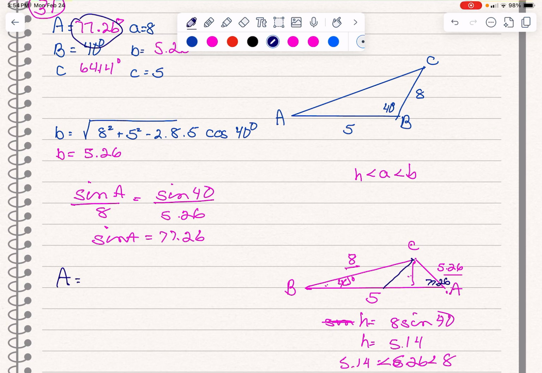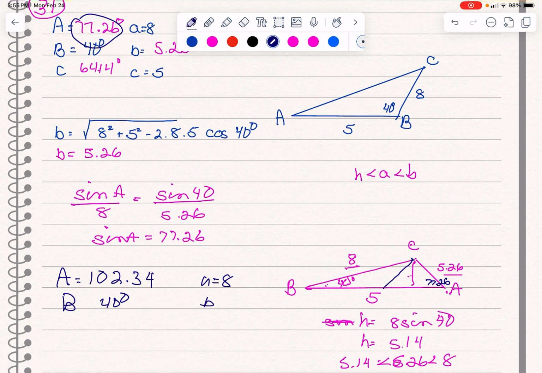So A is 102.34 degrees, the side is 8 and B is 40 degrees.